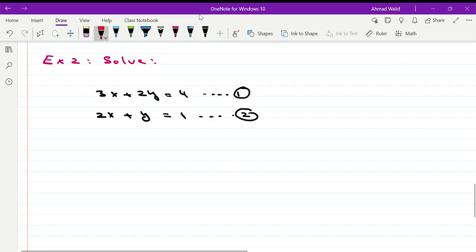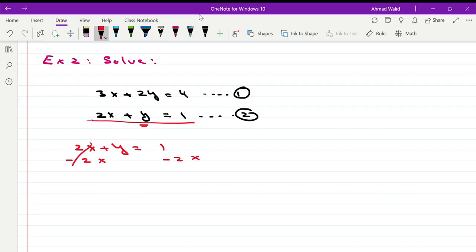Easy means if the coefficient of a variable in one of the equations is 1, we choose that one. Look at number 2. The coefficient of y is 1, so I'll choose this one. 2x plus y equals 1, and I'll solve it for y. It means I'll subtract 2x. Then y equals 1 minus 2x, right? I'll name this equation number 3.